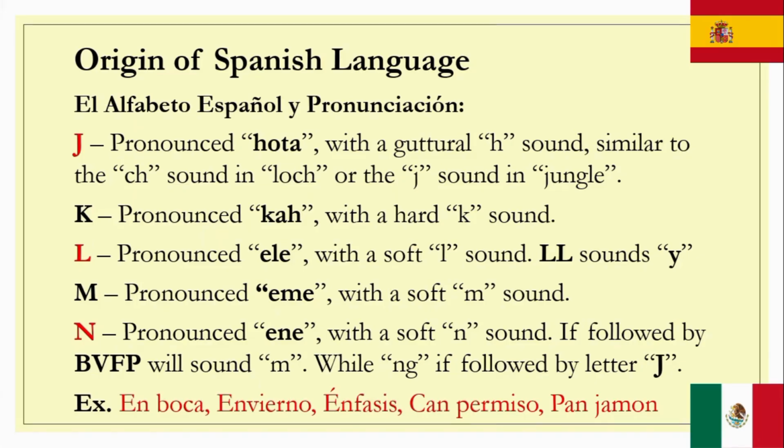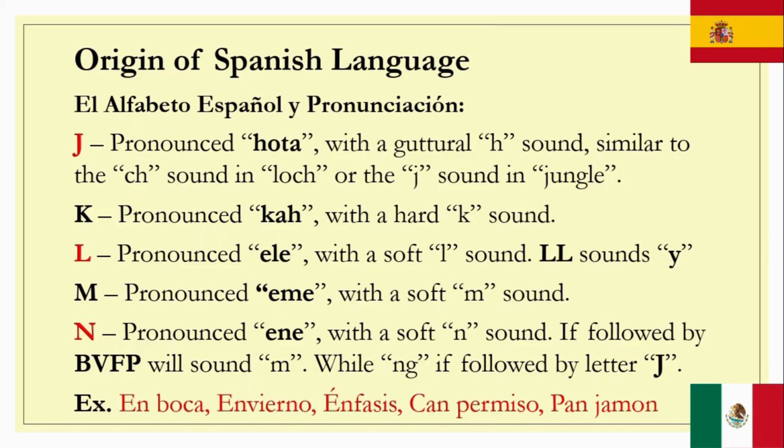Then we have M, pronounced as eme with a soft M sound, N pronounced as ene with a soft N sound. If followed by B, V, F, P, it will sound like M, while NG if followed by letter J.